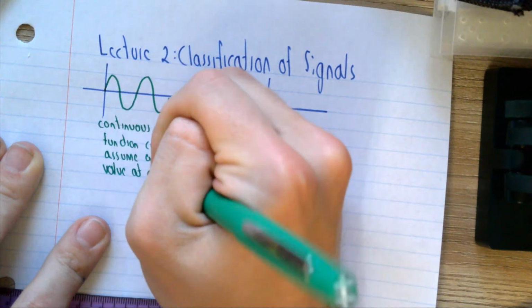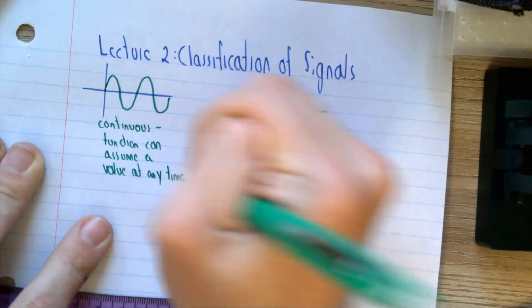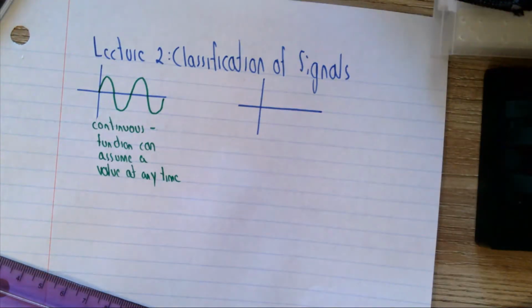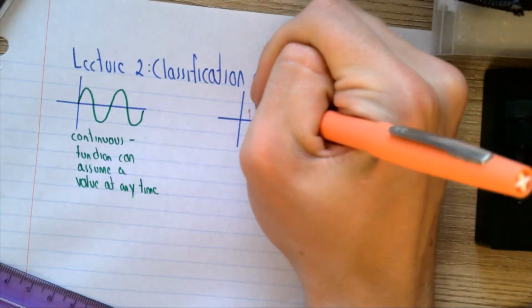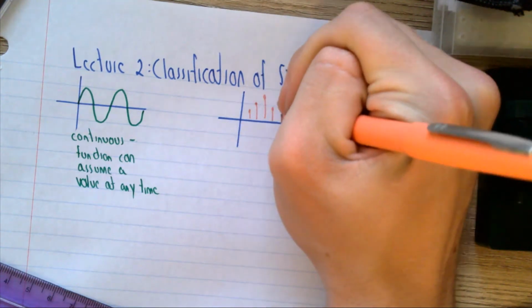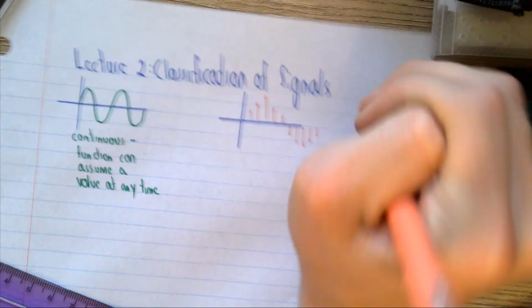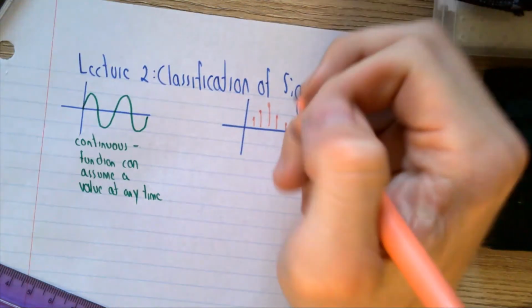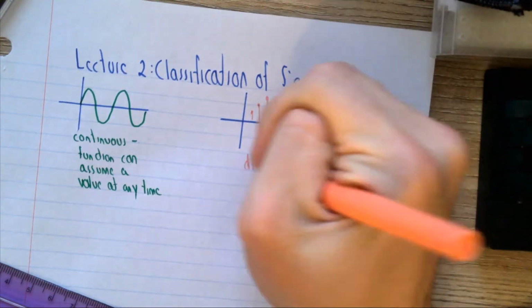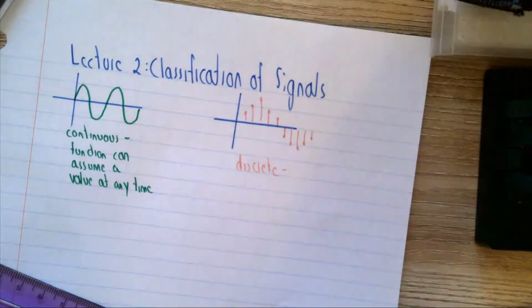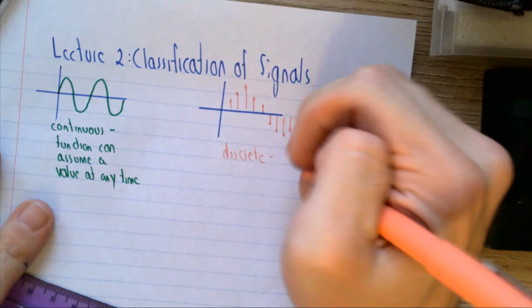And then on the other end, we have discrete. And so it could look something like this. And basically for discrete, the function takes samples. It can't have a value at every time. It takes it at timed intervals.